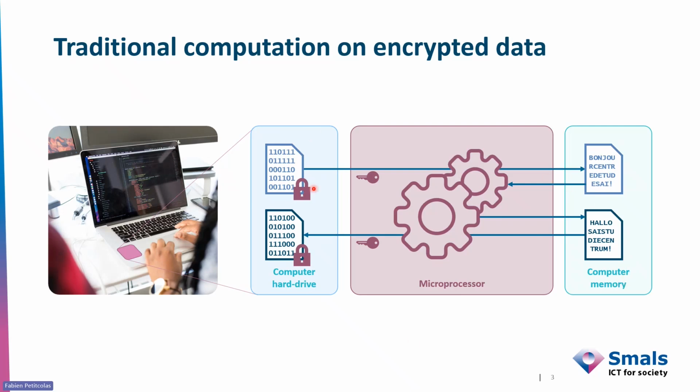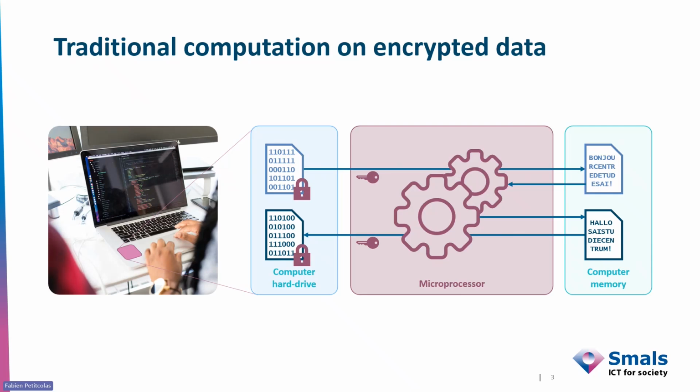So that's what we see here on the storage, the file loaded into the memory. Decryption is done, some processing, and then we have the output, which is unencrypted and sent back to the hard drive after being encrypted. So that's in a very simple way what would happen on our laptops today when we want to work on sensitive data.